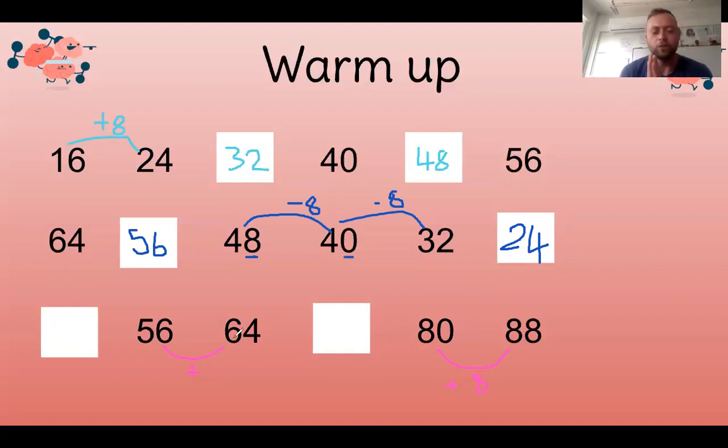So here I need to count on 56, 57, 58, 59, 60, 61, 62, 63, 64. 8. Which means this number here should be 48. Did you get that? Did you? And this one here, if I add 8 to it, I should have 72. I can hear some of you cheering along because you got that. Well done. Super well done.